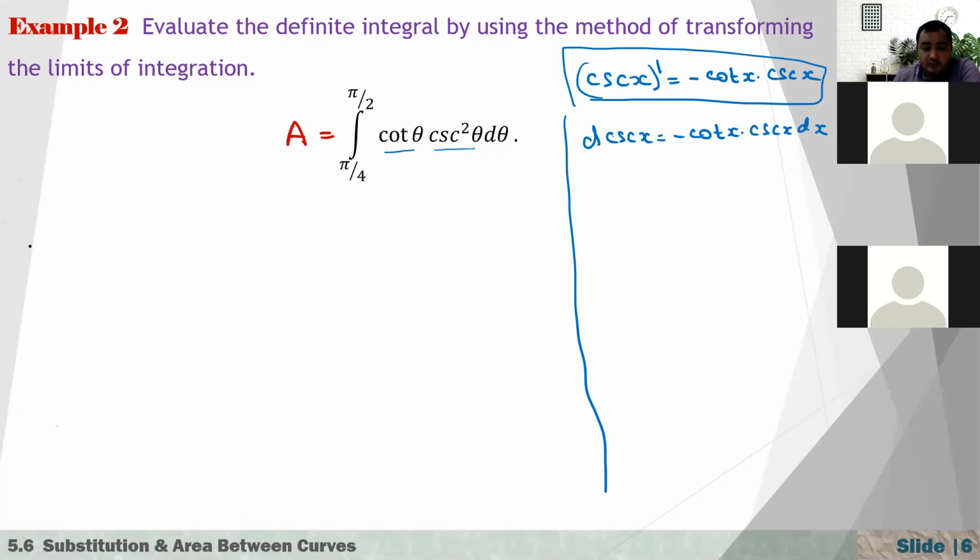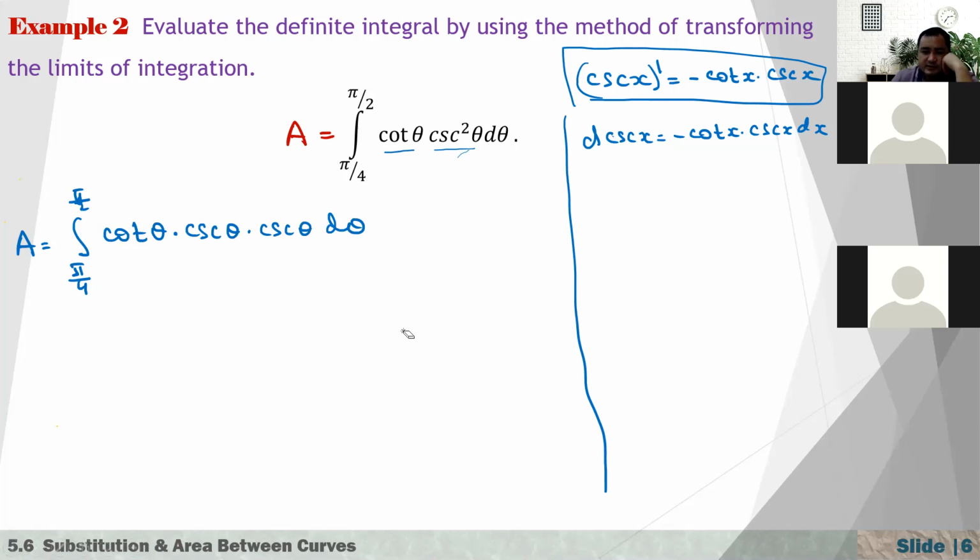So let's move back to our question first. So a is equal to integral from pi over 4 to pi over 2. This cotangent times cosecant squared, I can just write it as cotangent of theta times cosecant of theta, and cosecant of theta, here we have d theta.